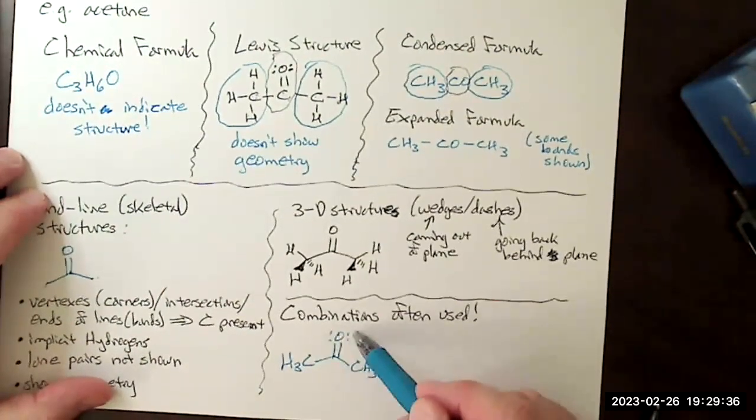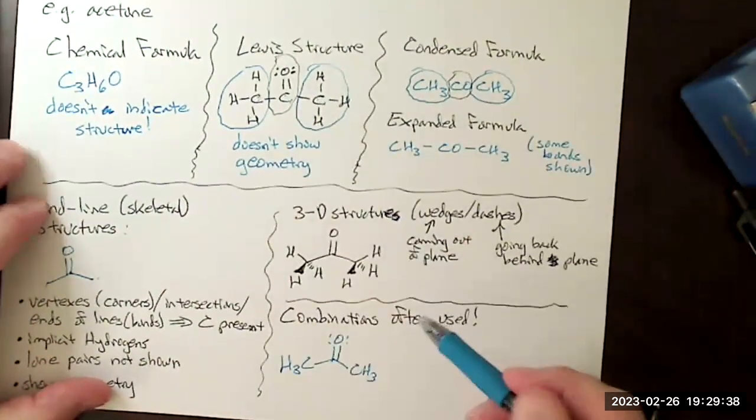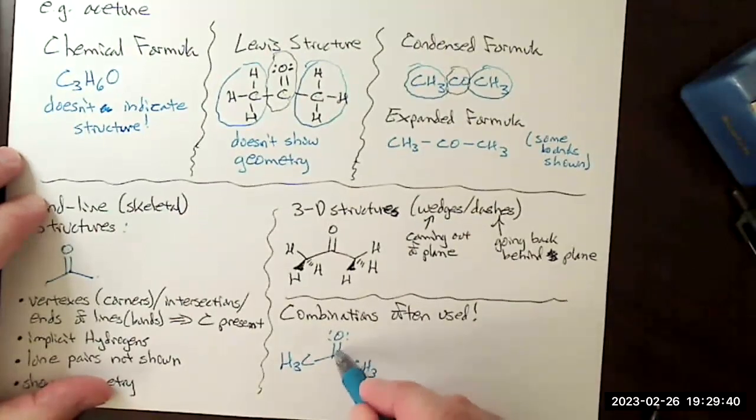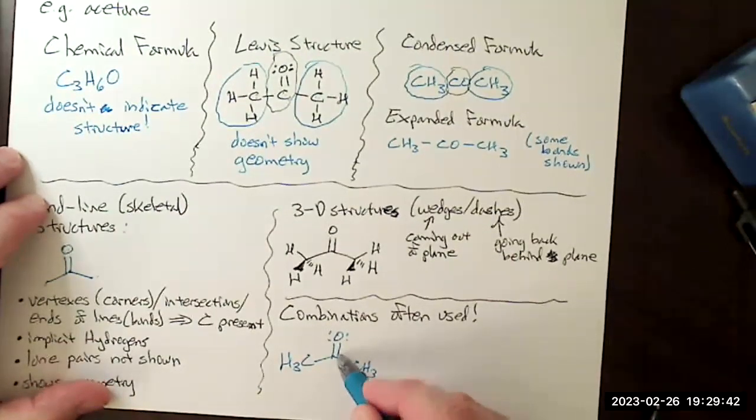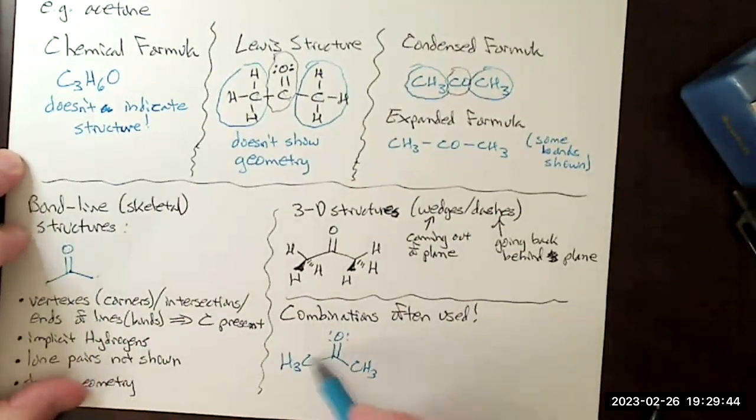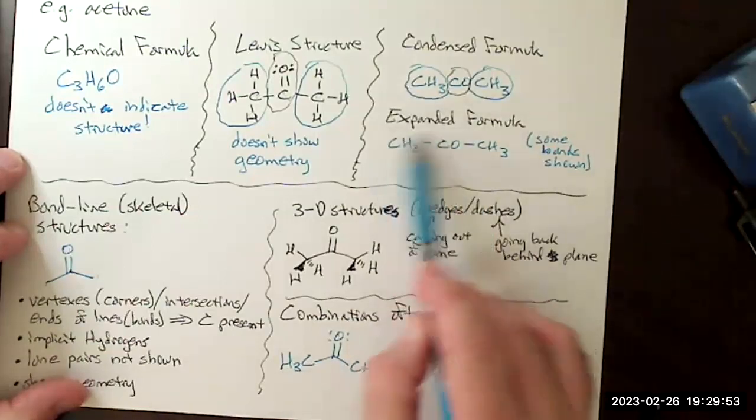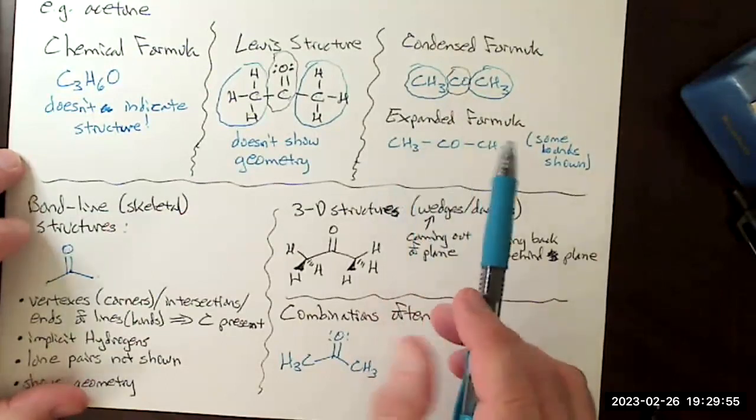I've got my lone pair, like my Lewis structure. I've got my center carbon not labeled as a carbon. That's like my bond line structure. I'm indicating my trigonal planar geometry, like my bond line structure. But then I've got CH3, like my expanded or condensed formula.